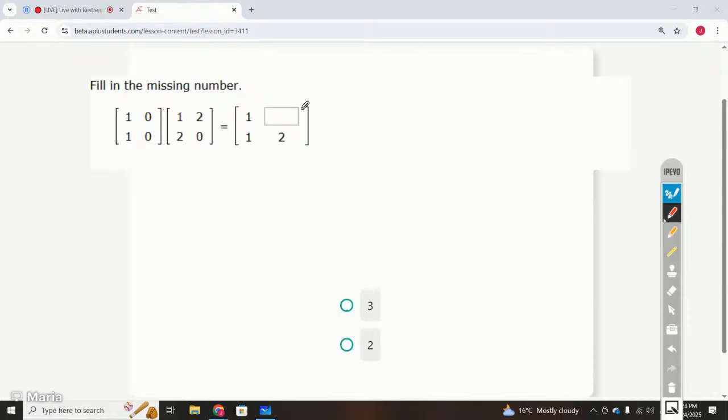That is first row, second column. That is 2.